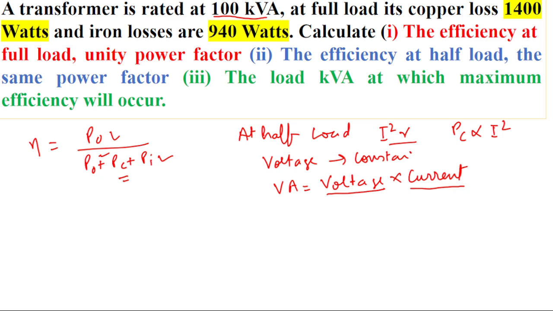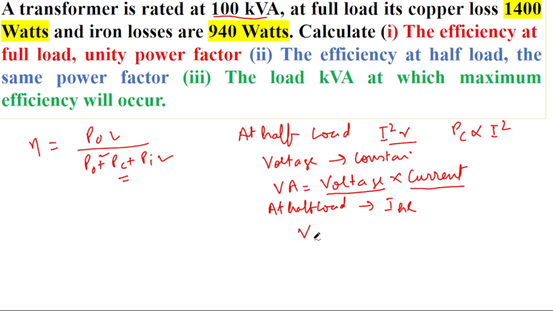So at half load, VA at half load, let us say the current is IHL.